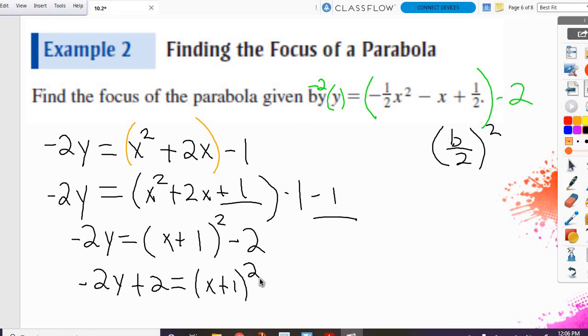So how do I move my negative 2 out to the front of the parentheses? Factor it out. So I would have negative 2 times y minus 1 equals x plus 1 quantity squared. So, what is our vertex here?